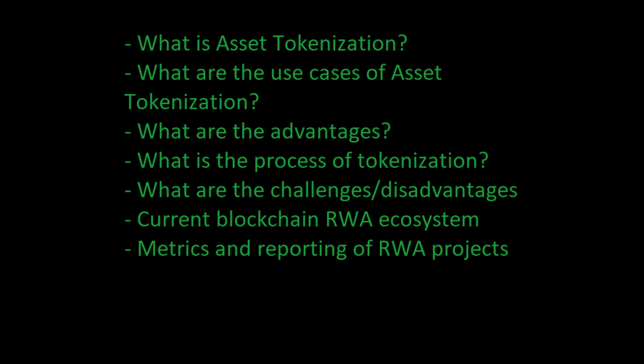Then we will look at the current blockchain real-world asset ecosystem and the various projects in it. And in the end, we'll look at some metrics and reporting on these projects. I will cover the first three sections in this video to help create a base understanding of asset tokenization.